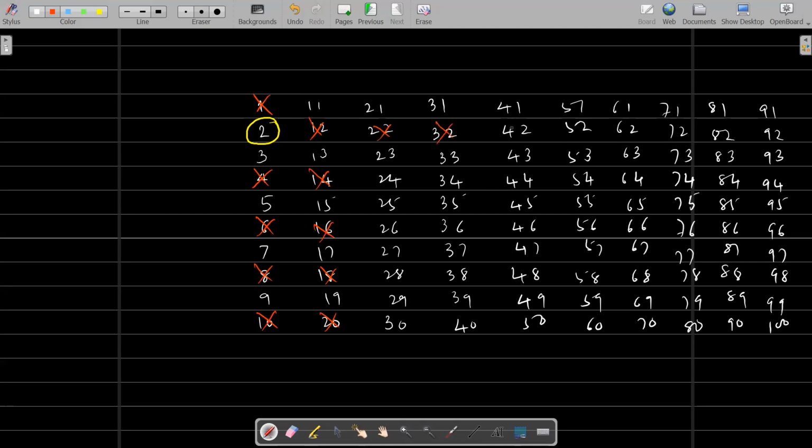So essentially even numbers, ending with 2, ending with 4, ending with 6, they can't be prime.